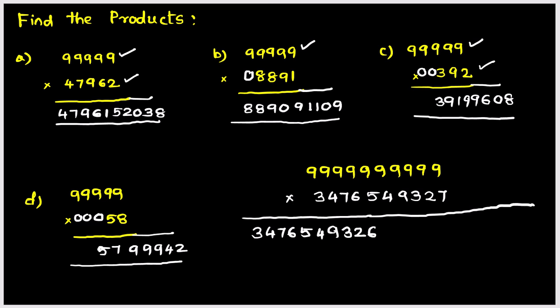Now each digit you subtract from 9 and start writing the number from rightmost. That is 9 minus 6, 3. 9 minus 2, 7. 9 minus 3, 6. 9 minus 9, 0. 9 minus 4, 5. 9 minus 5, 4. 9 minus 6, 3. 9 minus 7, 2. 9 minus 4, 5. And 9 minus 3, 6.